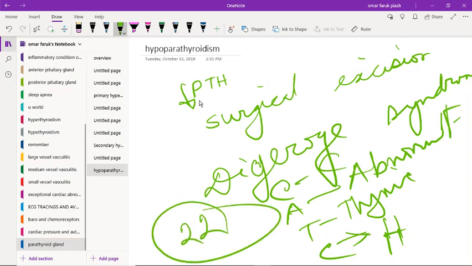In DiGeorge syndrome, a 22q11 microdeletion occurs.